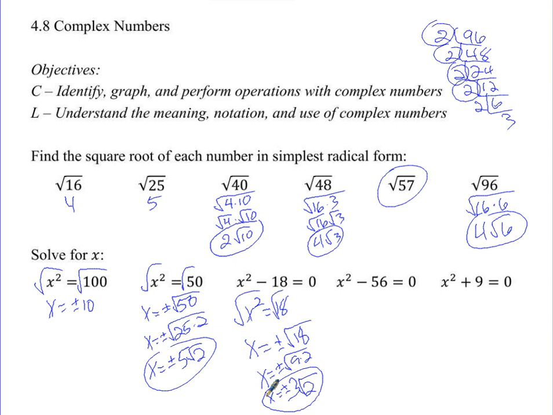For the next one, what should I do? Get x squared by itself. So now we have x squared equals positive 56. Now what? Square root both sides, x equals plus or minus square root 56. Is there a perfect square that goes into 56?